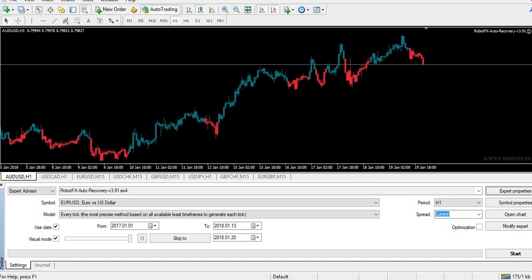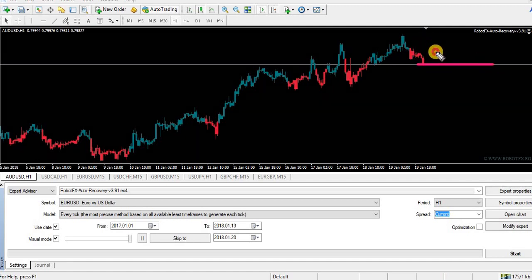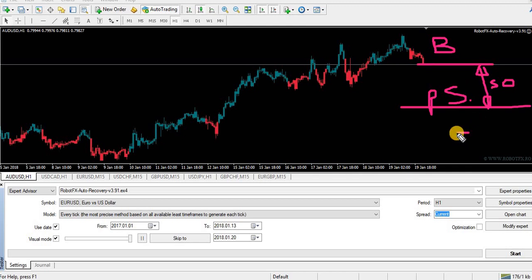So if you have a buy open over the weekend, the expert advisor will place the pending sell at this level, this being the recovery zone of 50 pips. Then the weekend will happen and the price will jump from here to here, and the next candle will be somewhere here below the recovery zone.